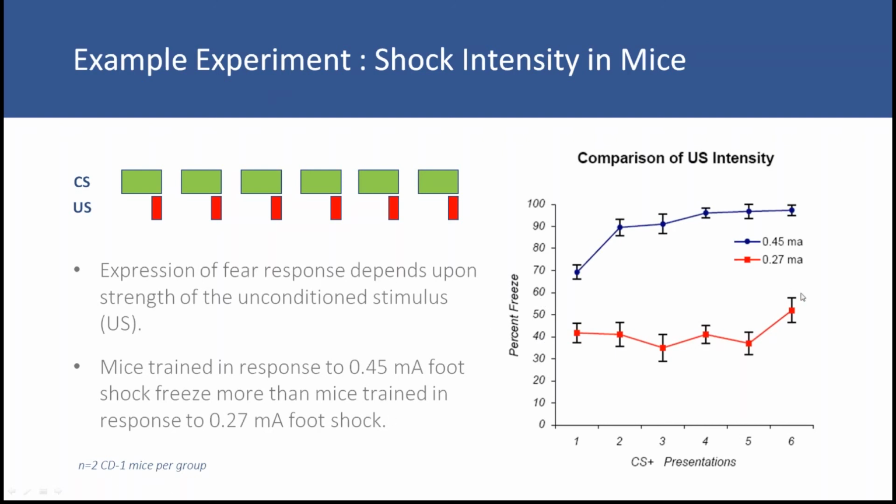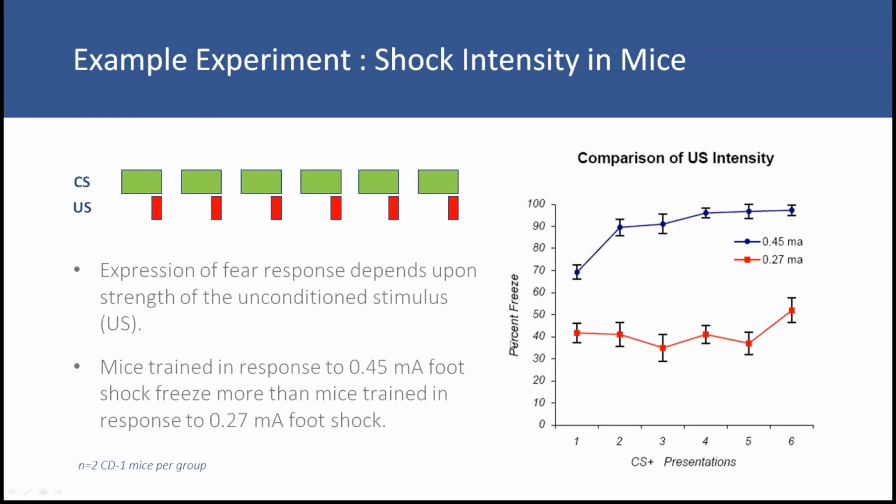One group we trained with 0.27 milliamps of foot shock, and another group with 0.45 milliamps, and it just shows you freezing. The 0.27 milliamp group was freezing about 40% of the time, and the animals trained with the higher shock level of 0.45 milliamps were freezing 70 to 80 or even 90% of the time. So the amplitude of the aversive stimulus can also impact the behavioral outcome in fear conditioning studies.